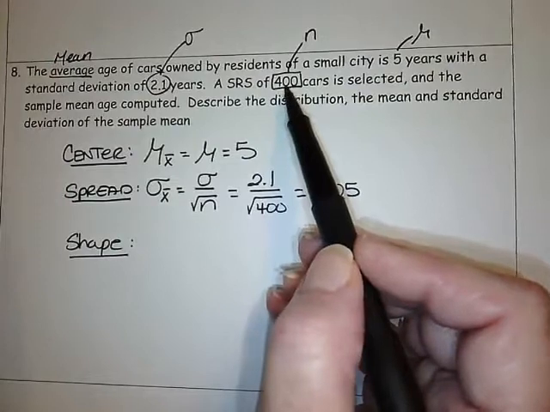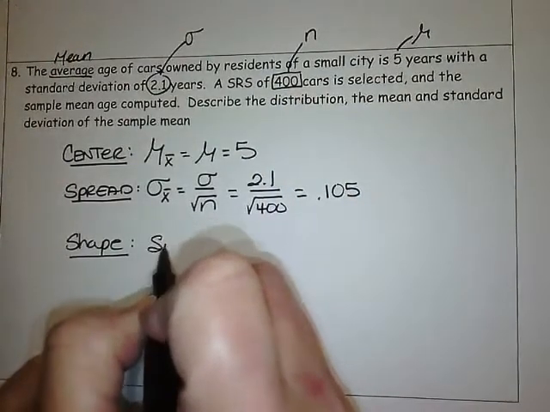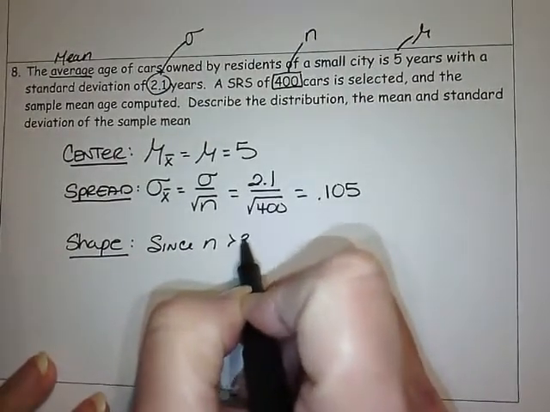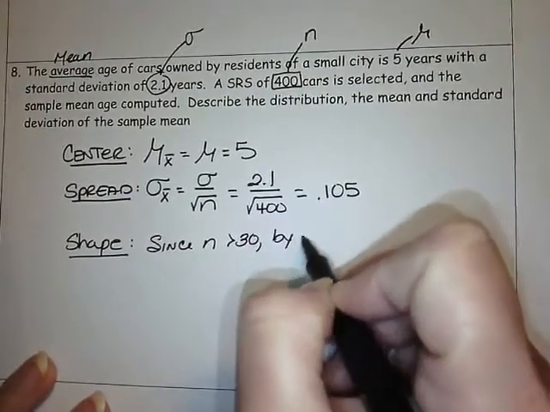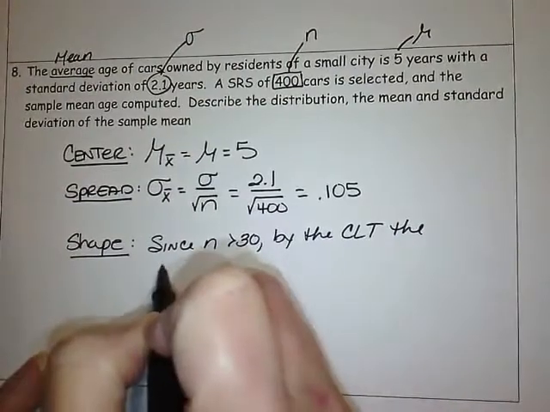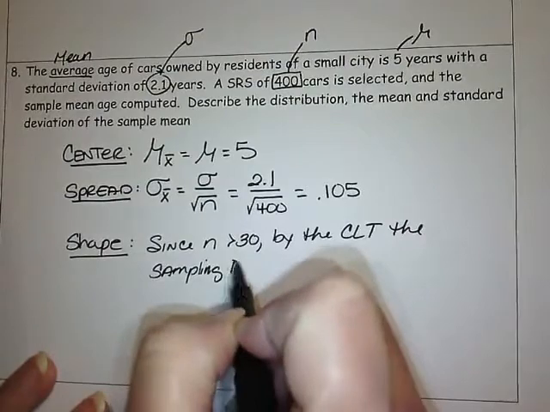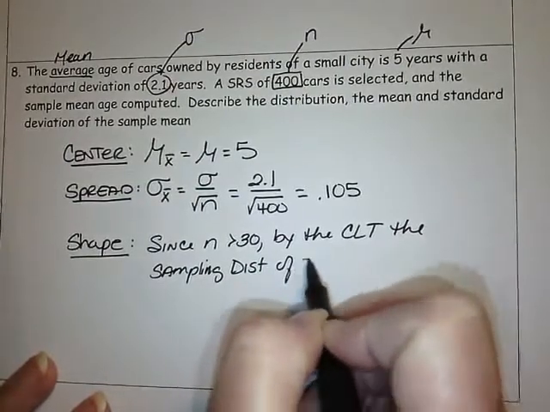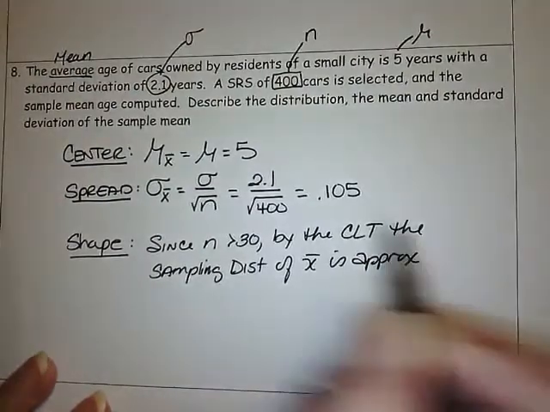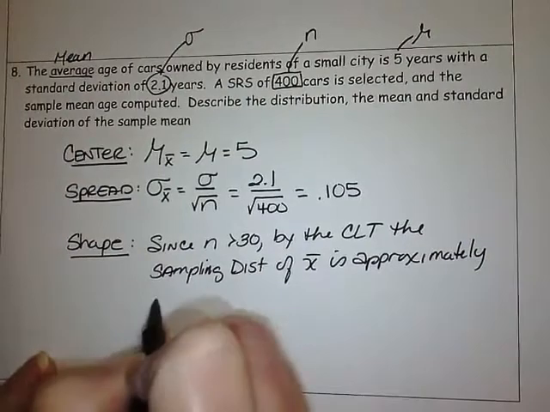Well, 400 is definitely bigger than 30, so we're good to go, right? So we're going to say since n is bigger than 30, by the central limit theorem, the sampling distribution of x bar is approximately normal.